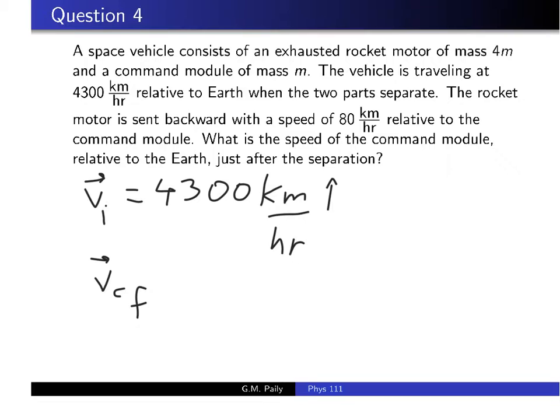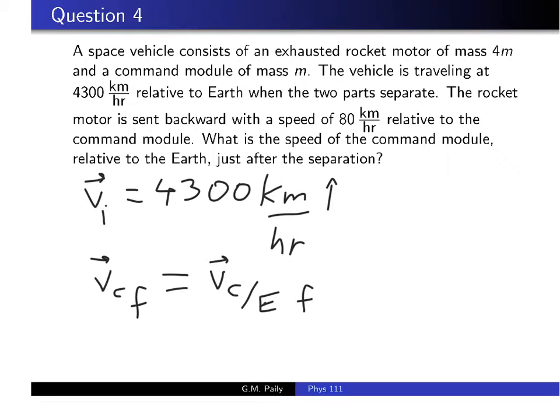Next, let us call the velocity of the command module relative to the Earth after the separation as vc final. But to be clearer, since we will be dealing with relative velocities here, we will write it as v of the command module with respect to Earth final.